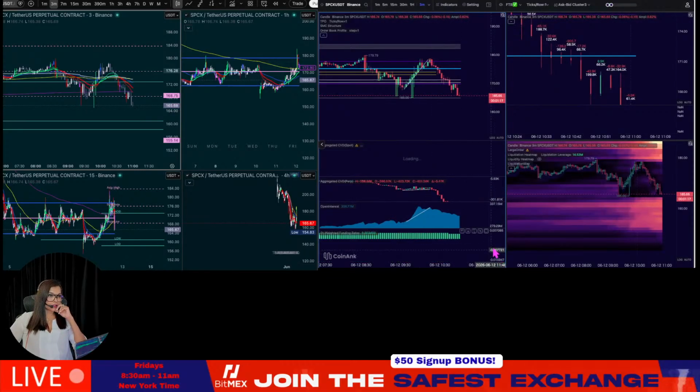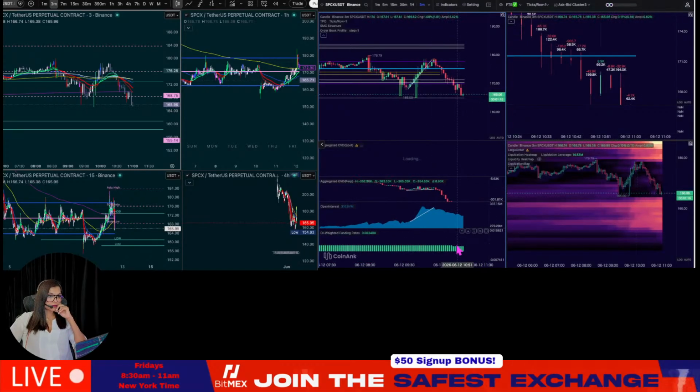And funding, well, we don't have any baseline to compare funding with for this instrument, so we can't really look at funding so much. What we'd have to compare is a neutral funding, a sustainable funding, and an unsustainable funding, to actually get what funding rate is unsustainable for SPCX.